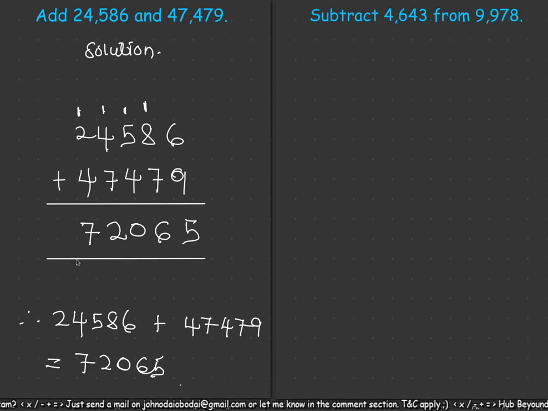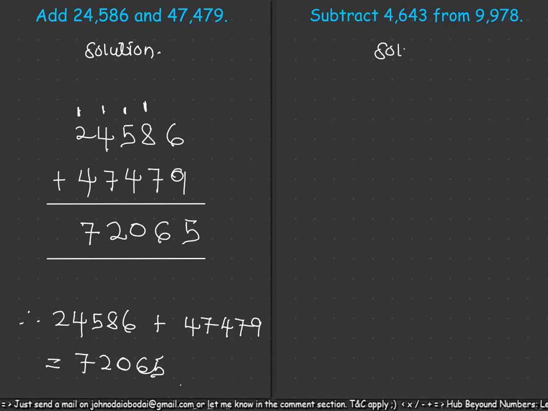Now for this first subtraction problem, what is it saying? It says we should subtract 4,643 from, take note, we are taking this one out of this. So in simple terms, it means 9,978 minus 4,648. Okay.